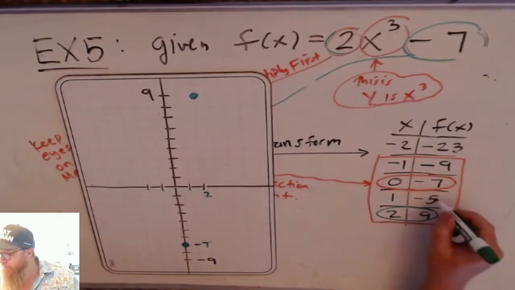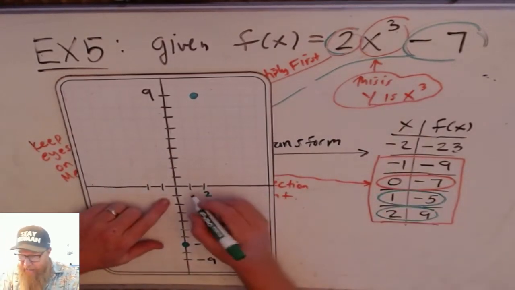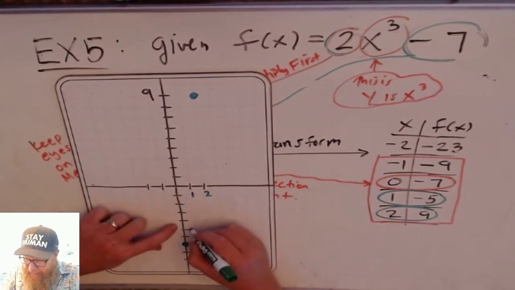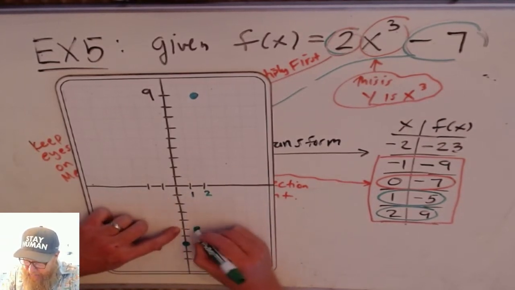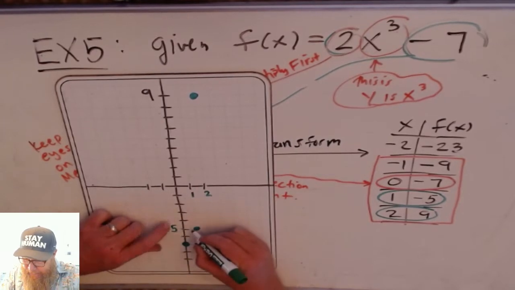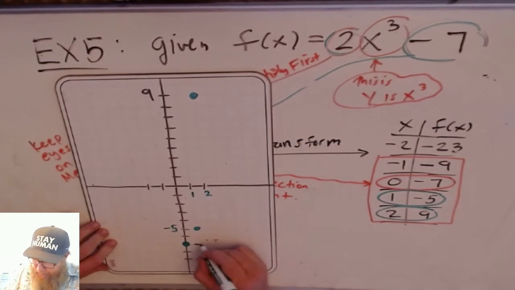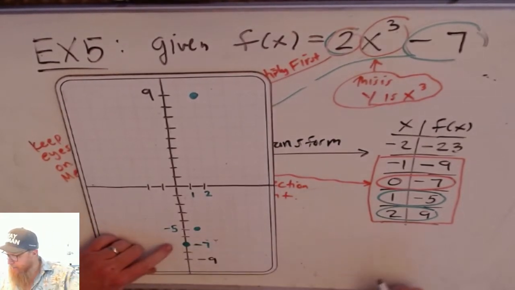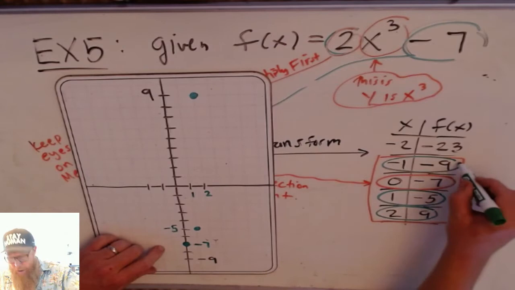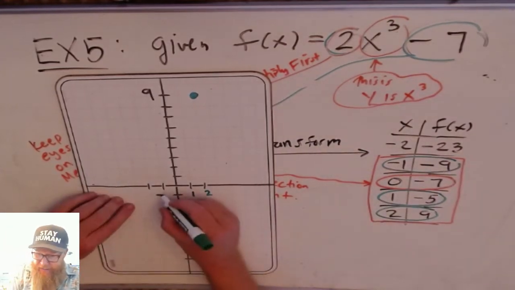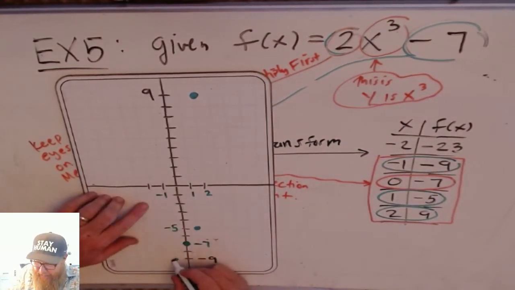I'm going to do all of them. So 1 and -5, right about here. Okay, and then -1 and -9. So here's -1 and here's -9.